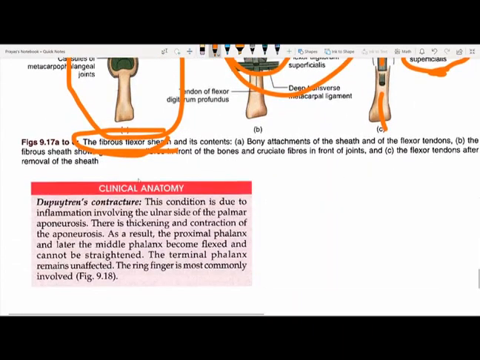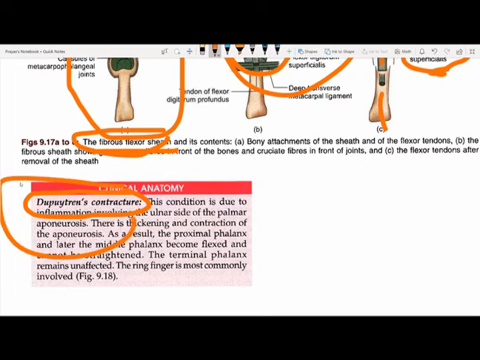And just to finish it up, we also talked about a clinical condition called, I won't even try to pronounce this, I don't have any clue, Dupuytren's contracture. I don't know how to say it, but I do know what it means.